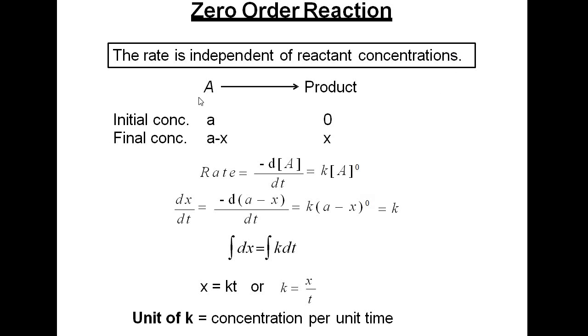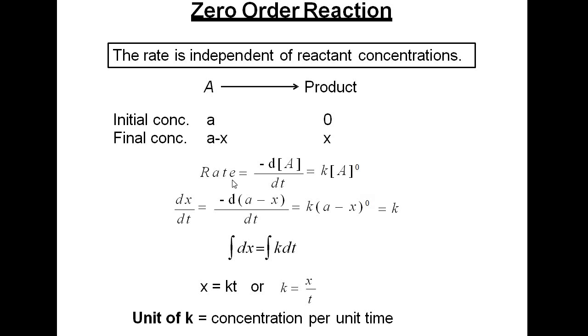Let's suppose a reaction A gives us product, and the initial concentration of A is a, and at time 0 product concentration will be 0. After time t, the amount of product will be x, then the concentration of reactant will be a minus x.